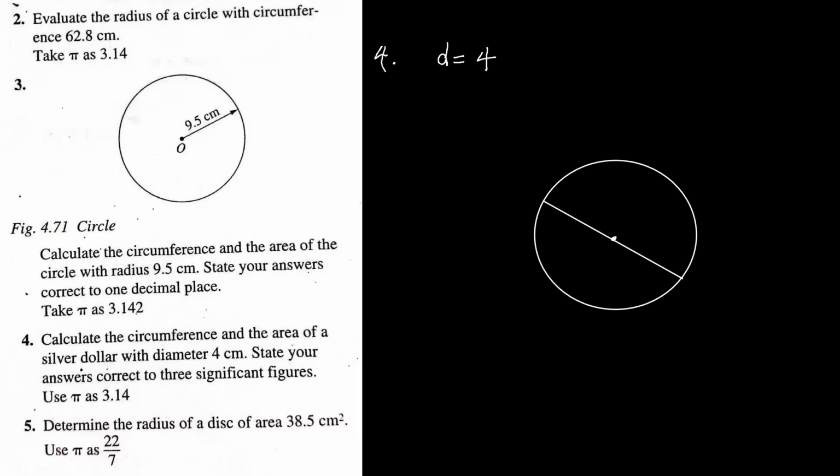All right, so the whole distance from one point of the circumference to the next through the center is the diameter. What we want to do is find the radius. The radius is half the diameter. What did I say?